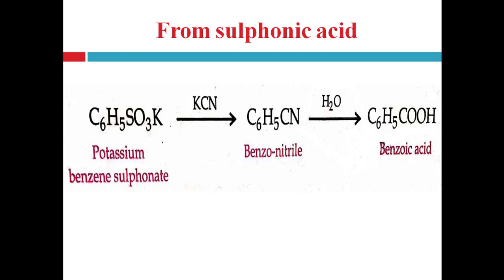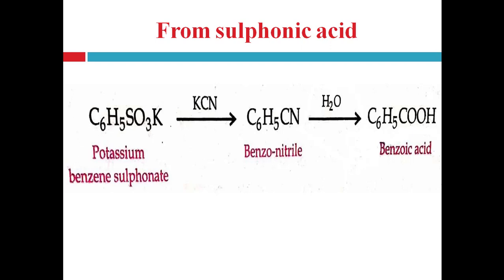Next, from sulfonic acid; here a salt of sulfonic acid is used. When the potassium salt of benzene sulfonic acid is fused with potassium cyanide, we get a nitrile compound, that is benzonitrile, and on hydrolysis this gives benzoic acid. So the example of potassium benzene sulfonate is given.